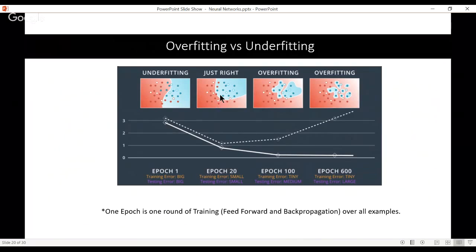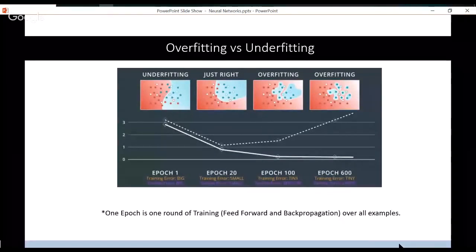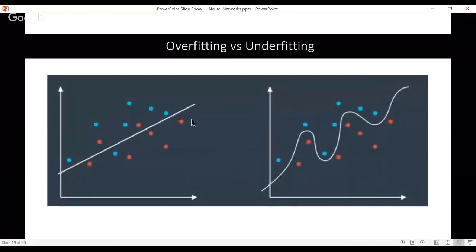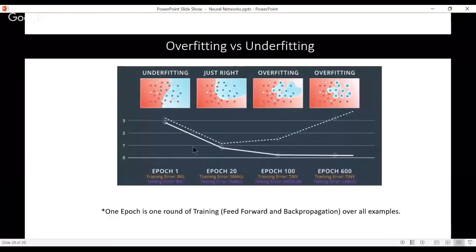Then there is a just right network. It has a low training error, but it also has a low testing error. That means this network is a generalizing network. It's not overfitting the training data. And this was after one epoch.